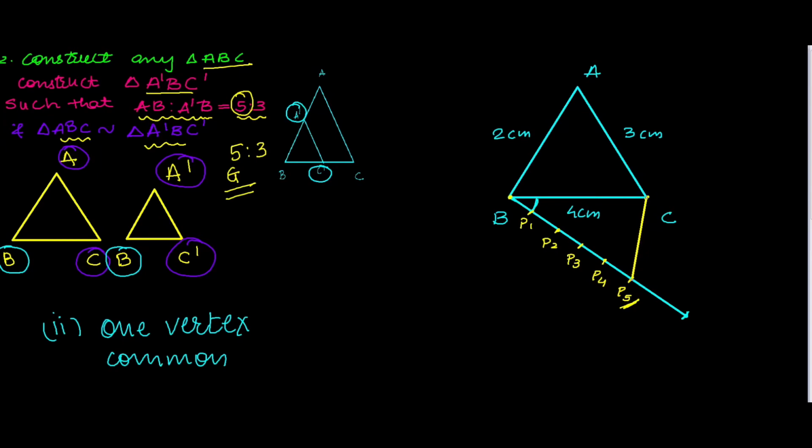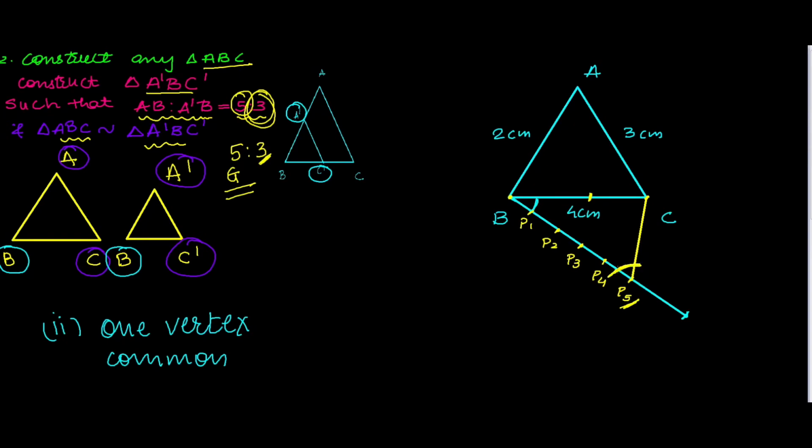Okay, now the next thing we are going to do is on point 3. Why point 3? Because in the ratio we have 3 as the side of A'B. So from point P3 you have to construct a line parallel to BC. How will you construct it? You have to make an angle similar to this angle.